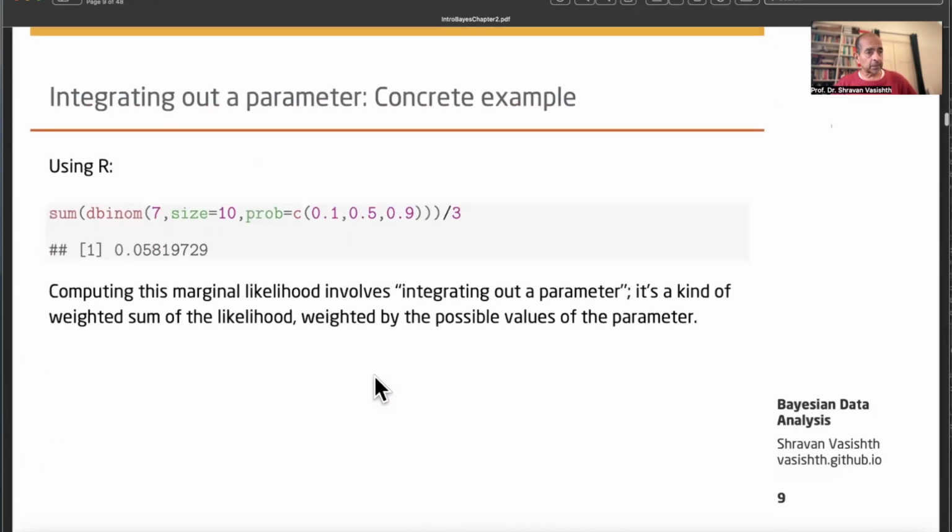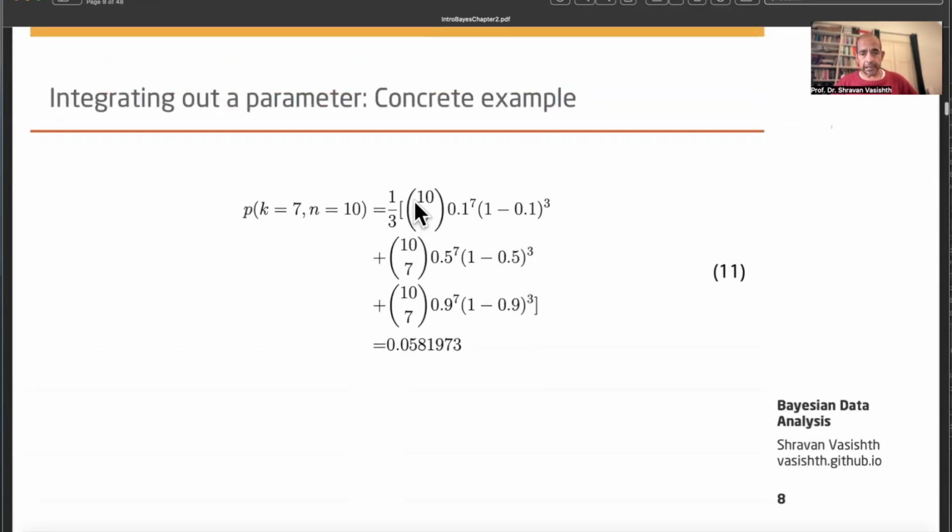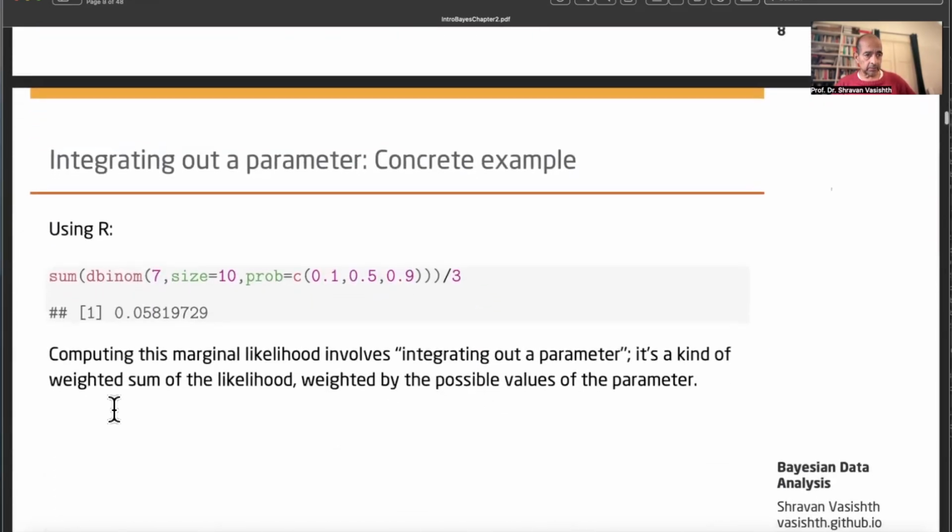Okay, so we can do this entire operation in one shot in R by using the dbinom function. Here is the observed number of successes, number of trials, and the three possible values of probabilities that I mentioned.